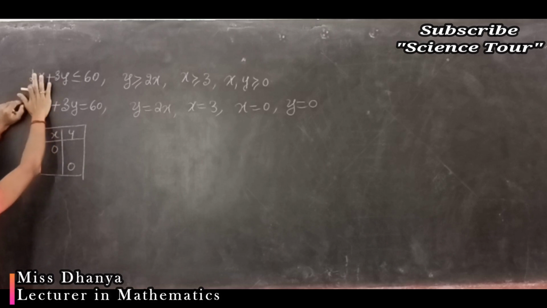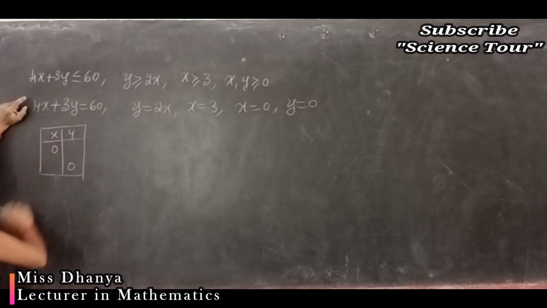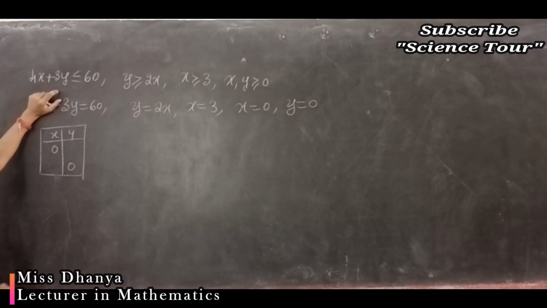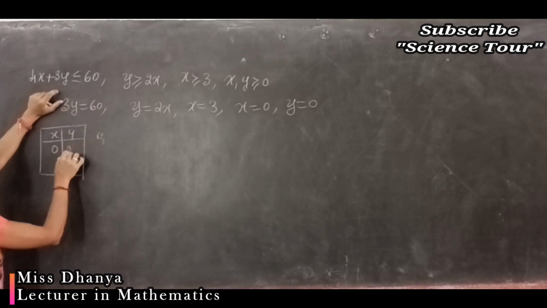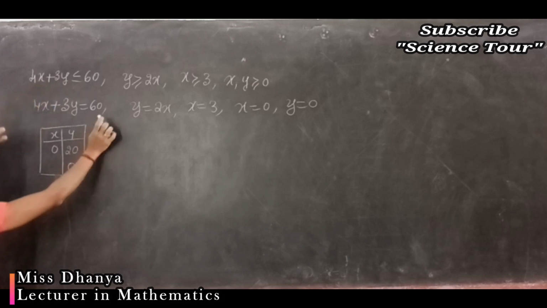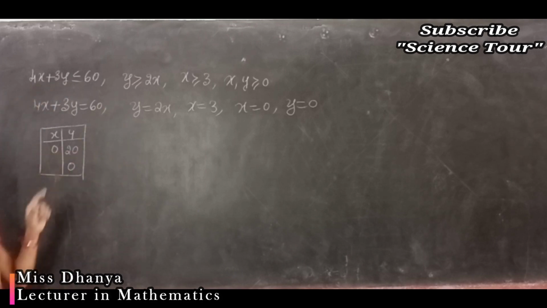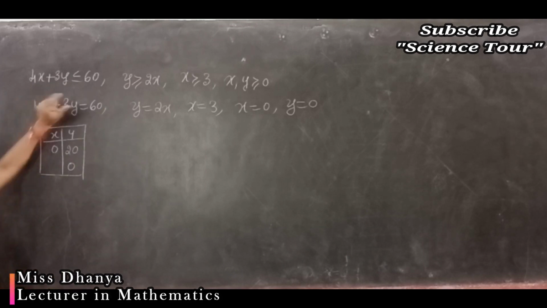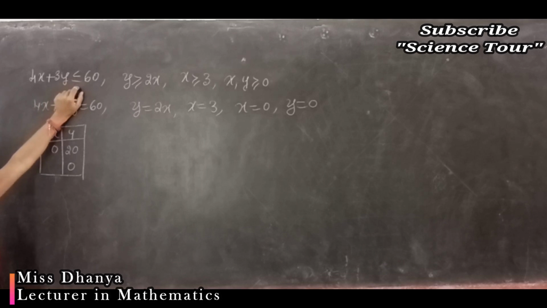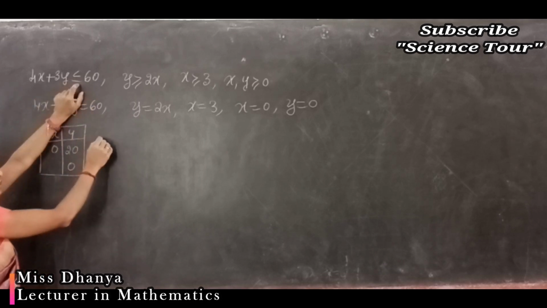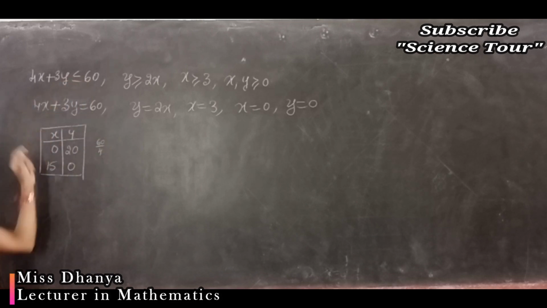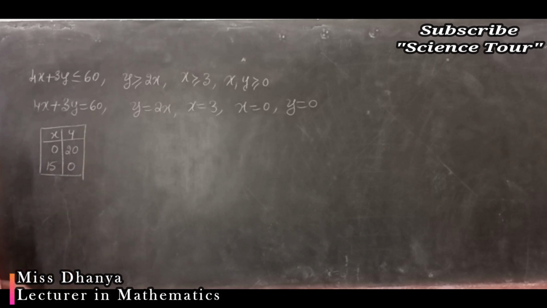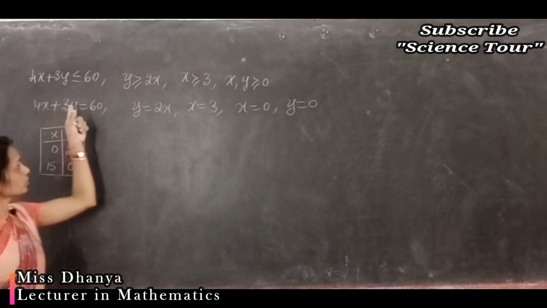When x equal to 0, this term will vanish, and you will get 3y is equal to 60, so y is equal to 60 by 3, which gives you 20. The x coordinate is 0, then the y coordinate you will get is 20. Now y is equal to 0, this term will vanish, you will get 4x equal to 60, so x equal to 60 by 4, that gives you x coordinate value 15, okay, x equal to 15 for y is equal to 0. These 2 points you have to mark for this line.